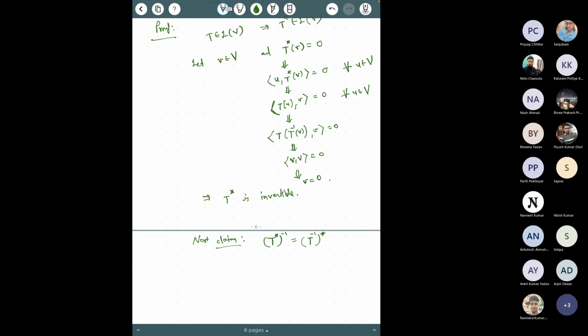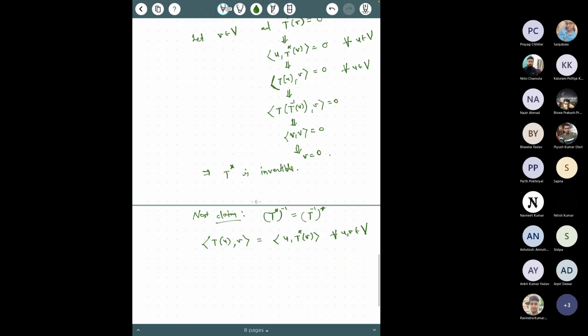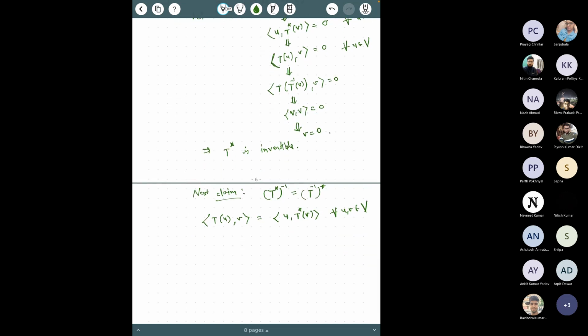Okay. Now since T star is the adjoint, and the adjoint satisfies the property that ⟨T(u), v⟩ is equal to ⟨u, T star(v)⟩ for all u, v in V. This we know, right? So what I'm trying to prove is that the inverse of T star is this one.